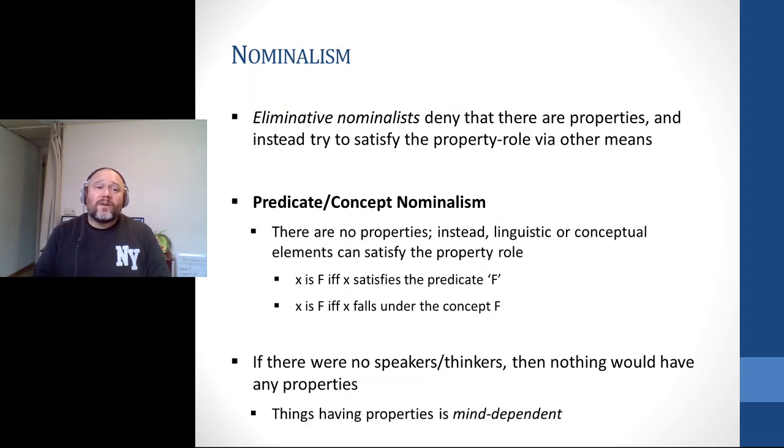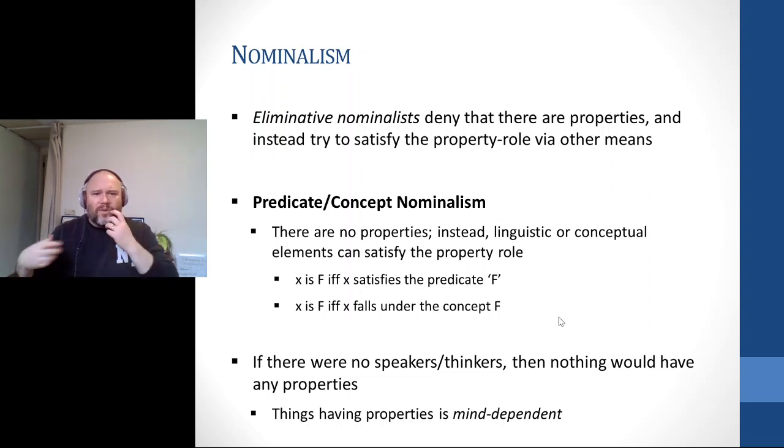So when we think about an object having a property, what we really mean is that we're prepared to apply a concept to an object. So we get these two biconditionals. The top one characterizes predicate nominalism: x is F if and only if x satisfies the predicate F. And the bottom one characterizes concept nominalism: x is F if and only if x falls under the concept of F.